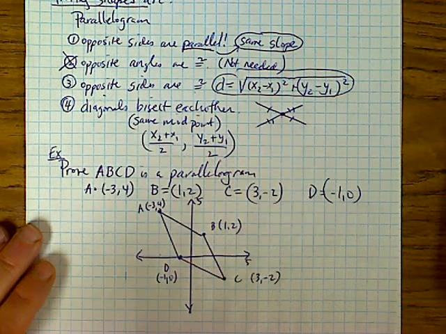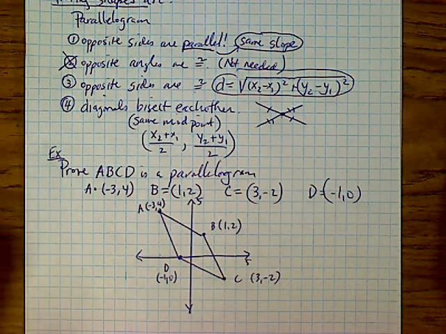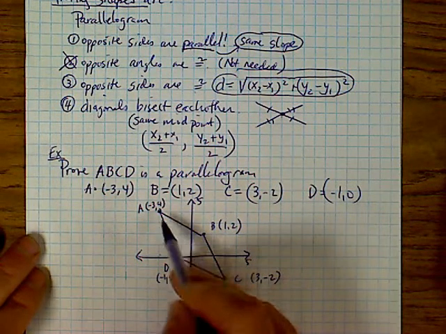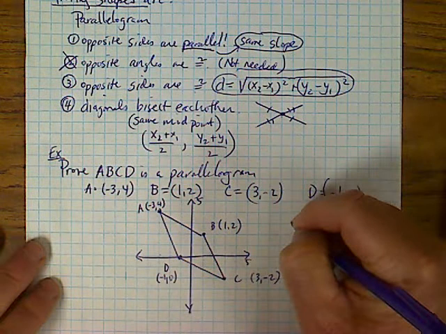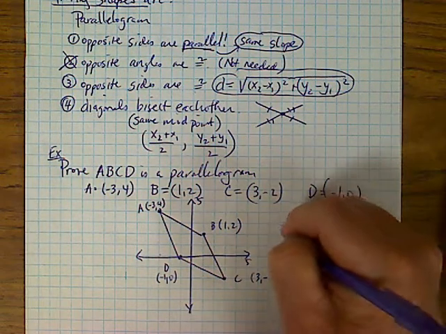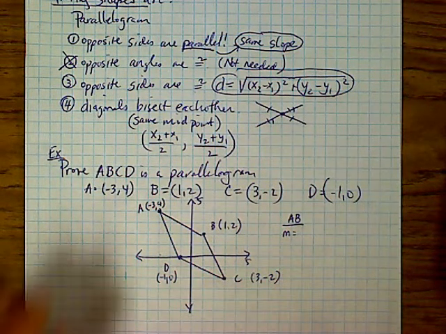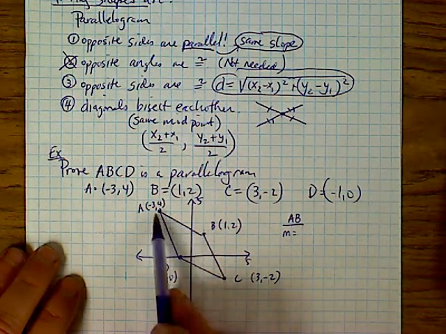Opposite sides are parallel, is what we're going to do. So are the opposite sides parallel? Well, let's check that. Let's start with side AB and its slope. What is the slope? Well, this is pretty simple. All you have to do is count. How do you go from dot to dot, from A to B?